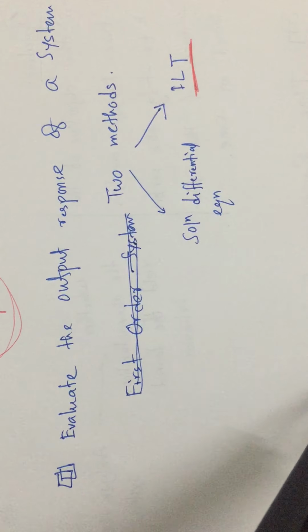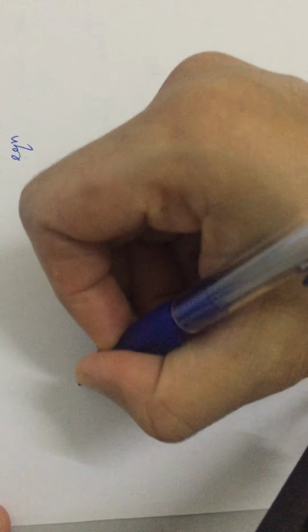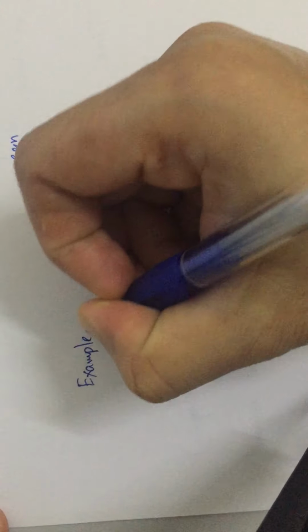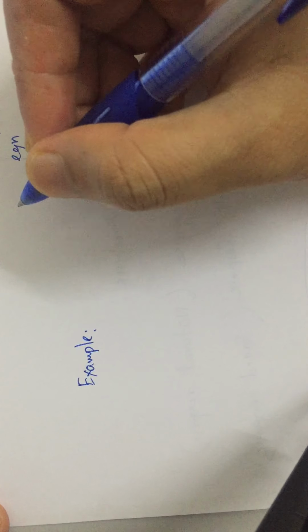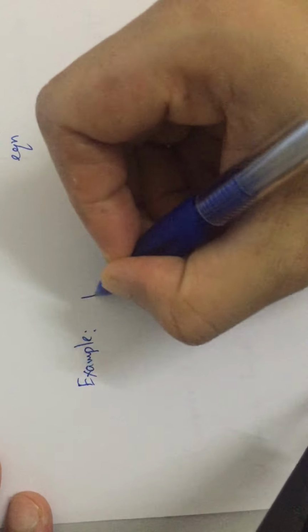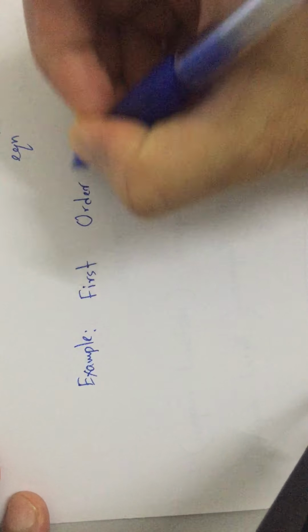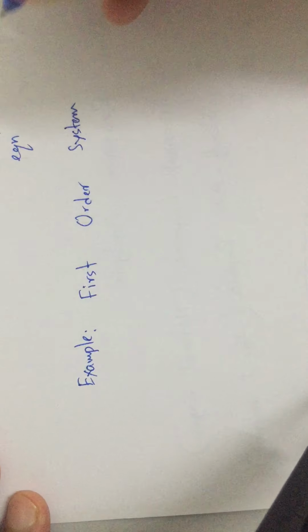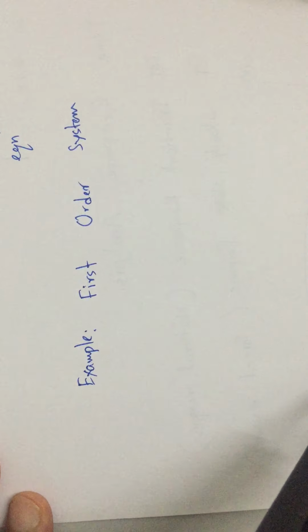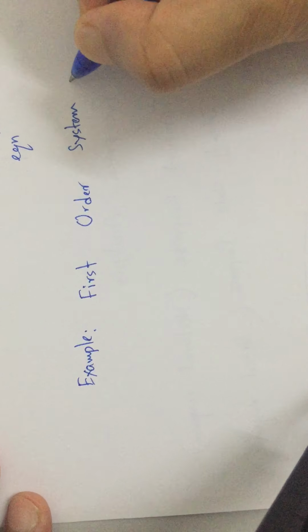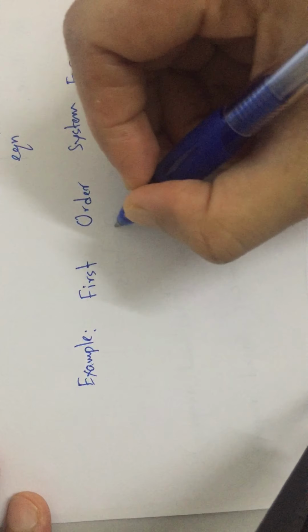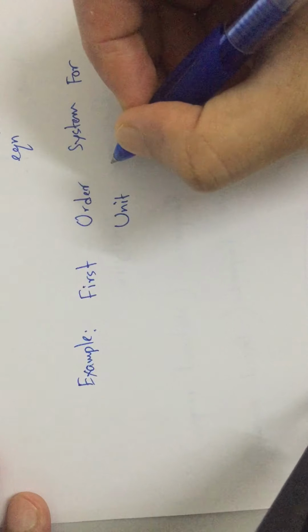Now let's see the example here. The example is a first order system for a unit step signal.